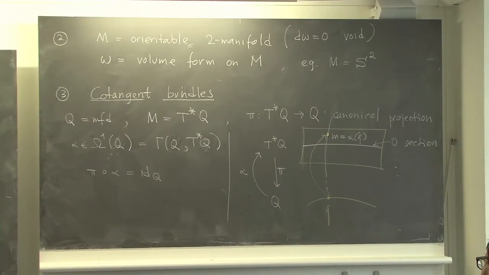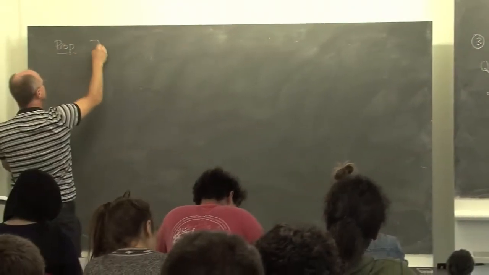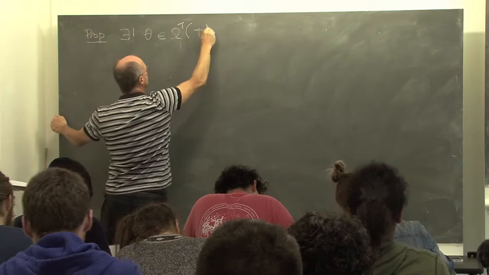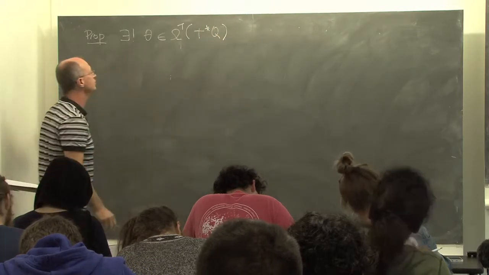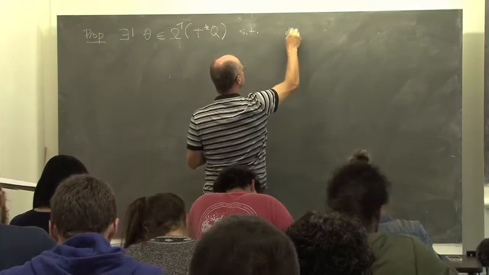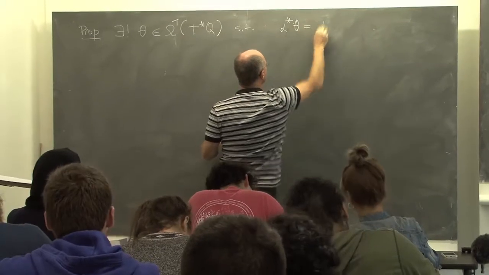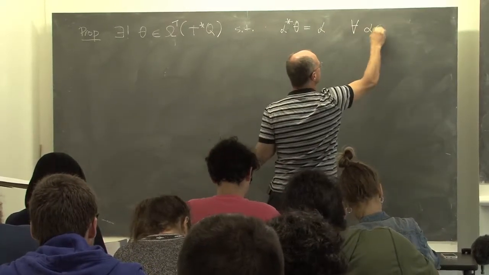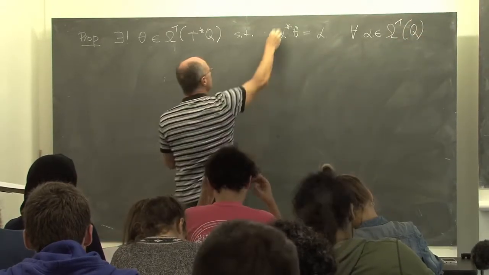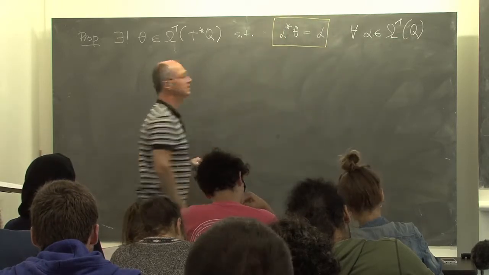So now a proposition. There is a unique one form theta on T star Q such that alpha star theta is equal to alpha for all one forms alpha on Q. You see that's a very strange equation.